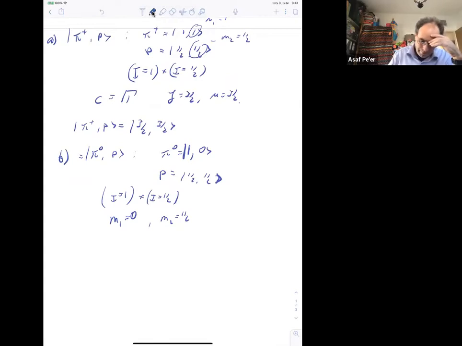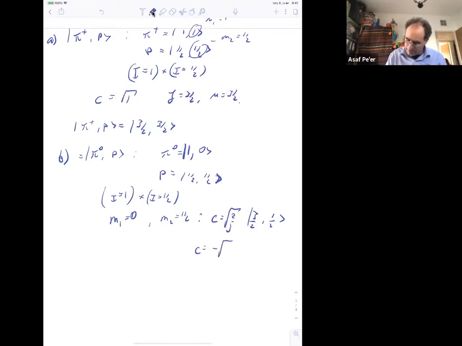So we have C of square root of 2/3, which multiplies the 3/2 and 1/2. And then we have C of minus square root of 1/3, which multiplies the 1/2 and 1/2.